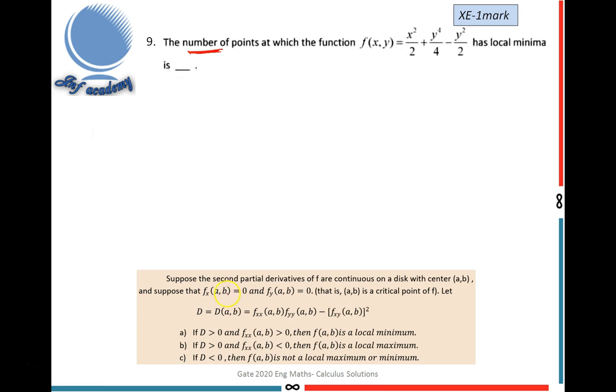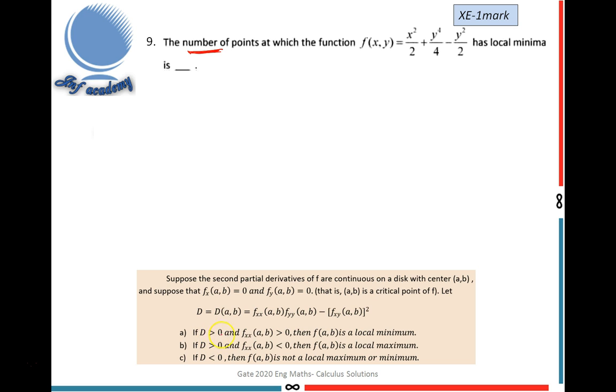The result is the second derivative test in two variables. Suppose the second partial derivatives of f are continuous on a disk with center a comma b, and suppose that fx equal to 0 and fy equal to 0. We get the critical points. Let D equal to fxx into fyy minus fxy whole square.